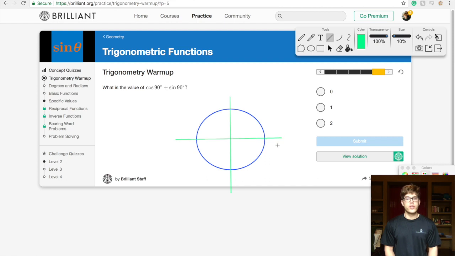Cosine and sine of 90 is going to be this point right here, because this is the 90 degree point. And what point is this on the unit circle? Well, we've gone nowhere for our x, and we've gone one full unit up for our y, as it's the unit circle. So cosine plus sine of 90 is just going to be 0 plus 1, which is 1.